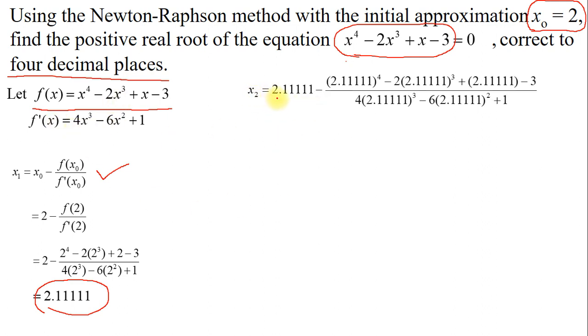Can you see here? x2 equals, this is your x1, minus, this is your f(x1), and here this is your f prime x1. Now you don't need to write further. You use your calculator, calculate, get your answer, and round off to 5 decimal places. You should get this. Practice. Do you get it?